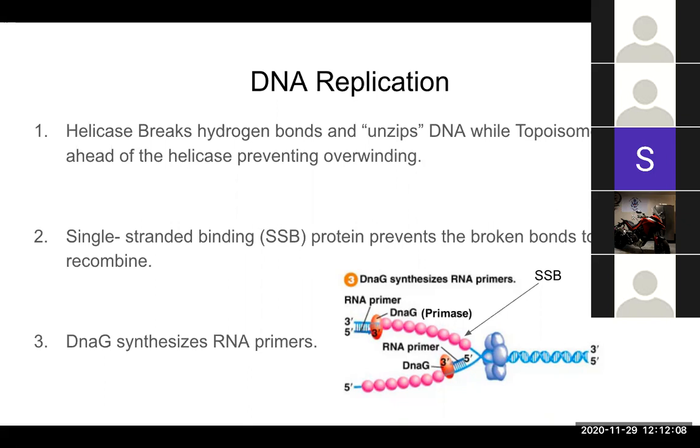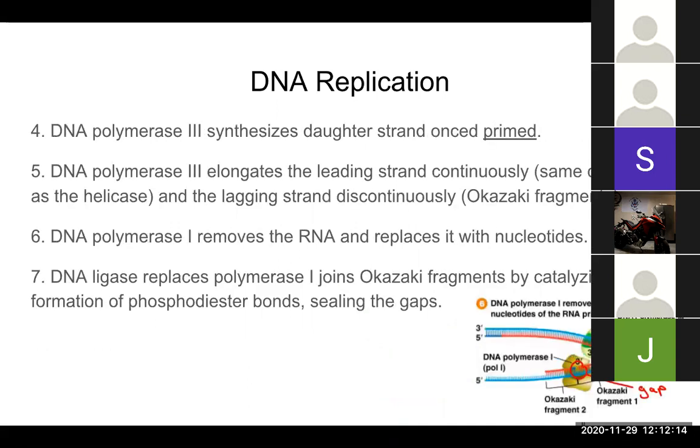And then DnaG synthesizes the RNA primers, which are in red right there. DNA polymerase 3 synthesizes daughter strands once it is primed, and that's a key thing to remember. DNA polymerase 3 elongates the leading strand continuously, going in the same direction as the helicase. And the lagging strand will be discontinuous, and that's where you'll see the Okazaki fragments.